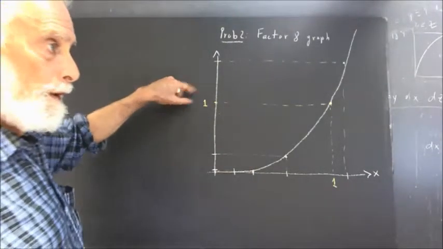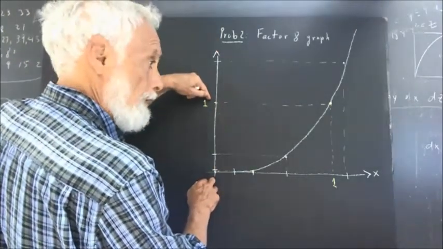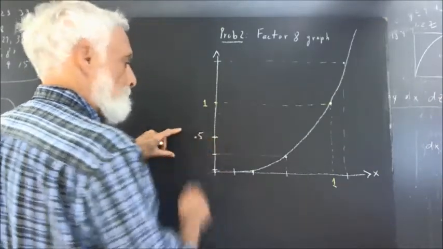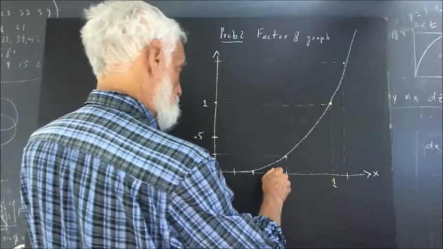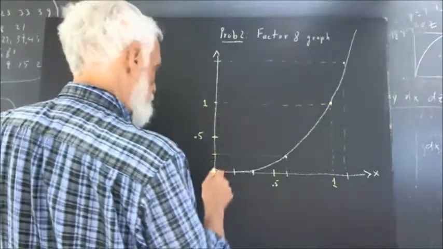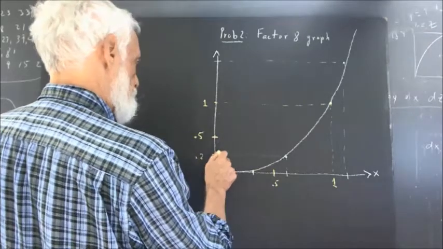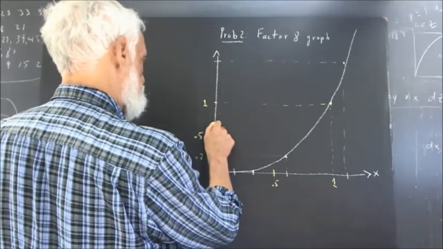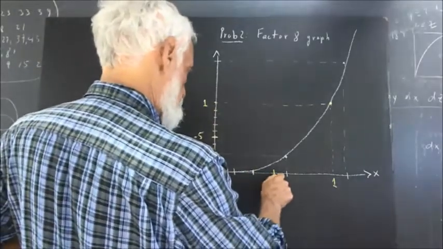Right, now we label the rest of the graph. To label the graph, I'm going to cut 1 in half here, and I think right about here ought to be 0.5. And down here, I'm going to come about halfway. Maybe that's right. That would be 0.5. Now I can cut that down more. If that's 0.5, then this is probably about 0.2 and 0.1 and 0.3 and 0.4, and then 0.6, 0.7, 0.8, 0.9, and I can do the same sort of thing down here.